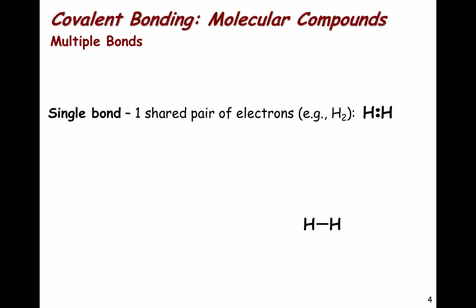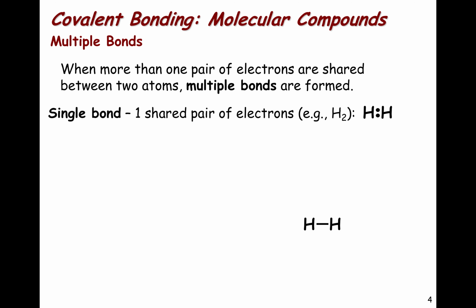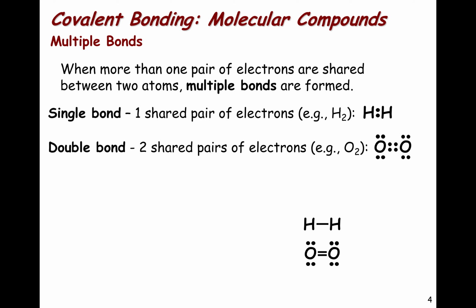In some cases, it may be necessary to form more than a single bond. In the example that we just got done considering for hydrogen, there was only a need to share a pair of electrons to complete the shell. However, in the case of other molecules, we may end up sharing more than 1 pair of electrons. So, for example, in the diatomic element oxygen, in order for both atoms to have the so-called octet, it requires that 2 pairs of electrons are shared, and so in this particular case, then we form a double bond.